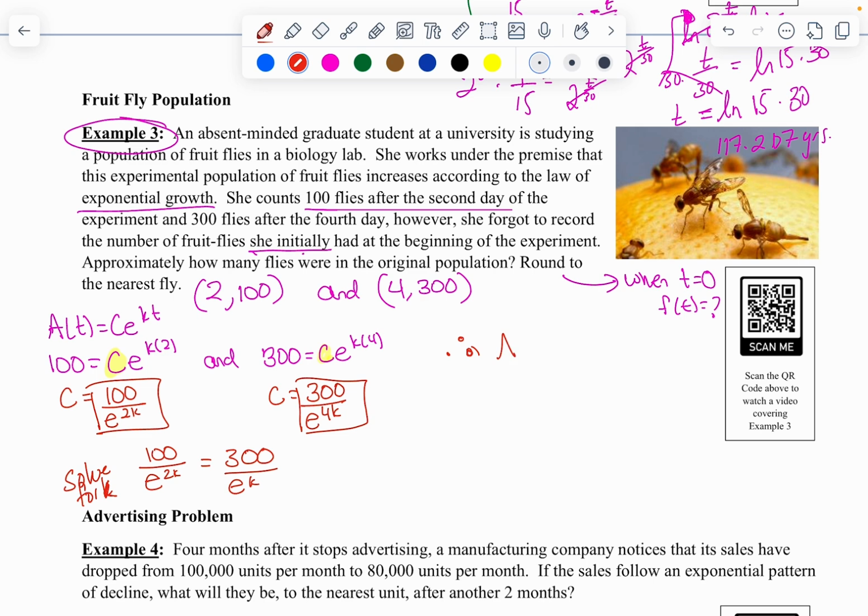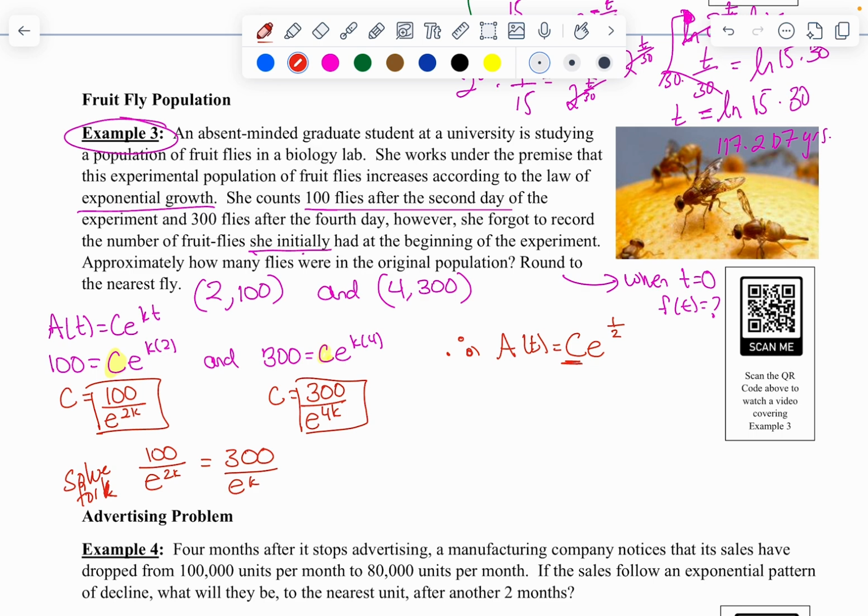And once you solve it, you still don't know what c is, right? But we want to know what is the initial population.